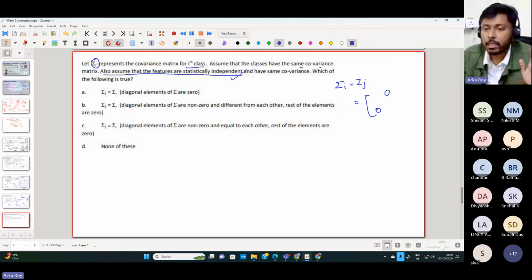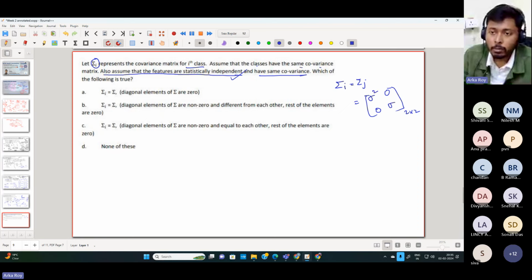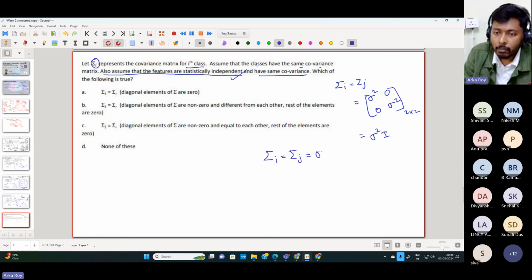Let me consider the matrix size as 2 cross 2, it will give you better visualization. And same covariance means the on-diagonal elements will be the same, be it sigma square, sigma 1 square, whatever. So I can write it as sigma square I.